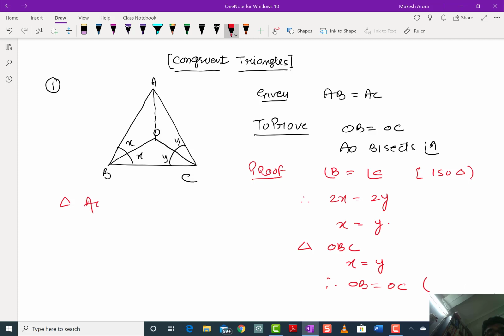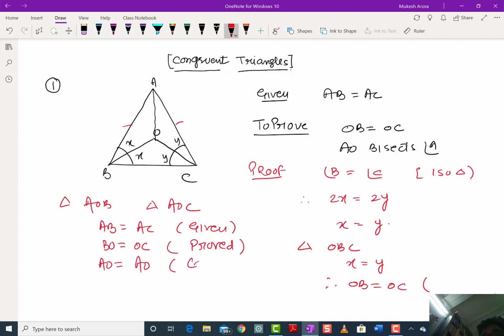Now triangle AOB and triangle AOC. AB is equal to AC, that is given. BO is equal to OC, proved. And AO is equal to AO, that is common.